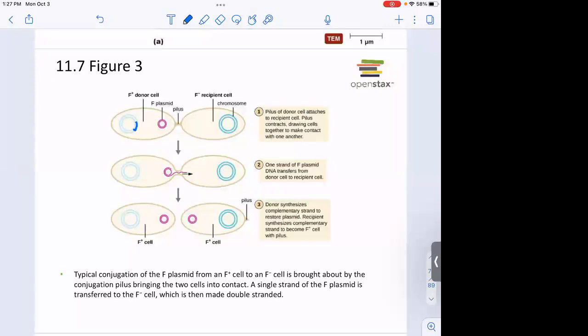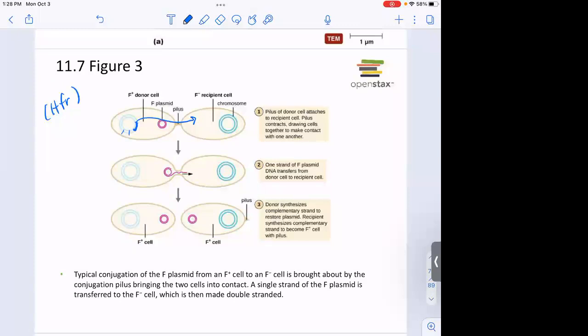So when that plasmid gets transferred, it can take pieces of the host chromosome with it. And when it does that, it can be known as a high frequency of recombination cell. I wanted to address that just because we had that question, and they do go into that in your book. I'm not too concerned about it in terms of what I'm going to test you over, but the better answer is yes, sometimes the chromosome can be transferred as well.